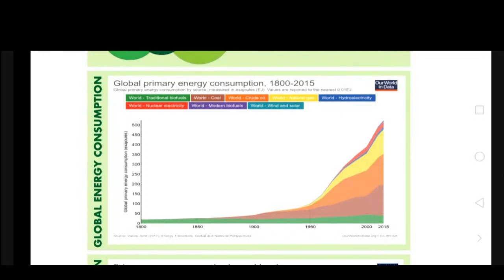Then around 1950s, there is a spike in energy consumption, around 400% increase compared to the 1950s to 2000s. That is because in this age, we have the third industrial revolution that we call the digital age, wherein the development of gadgets and technologies, and we all know that they are powered by electricity. So that is the reason for this spike in energy consumption.